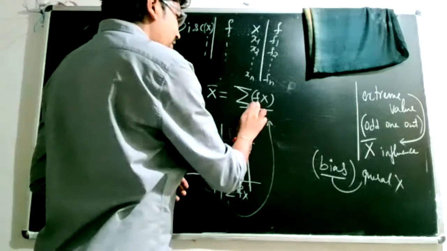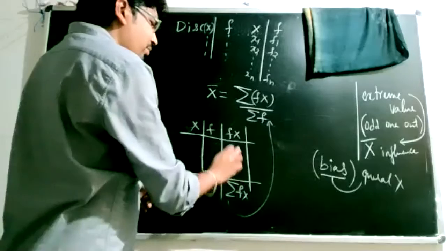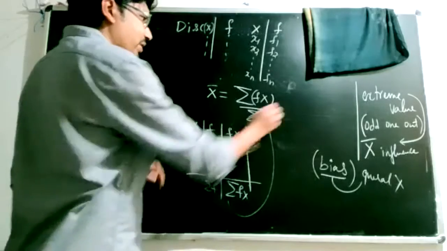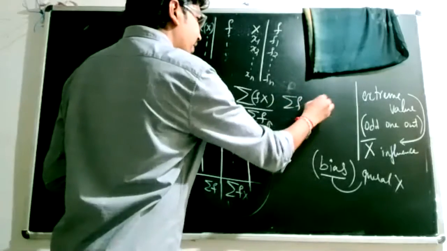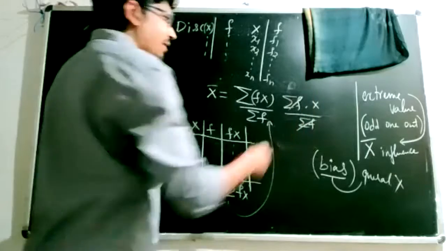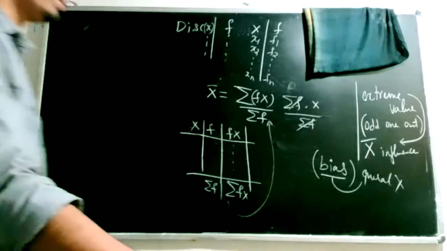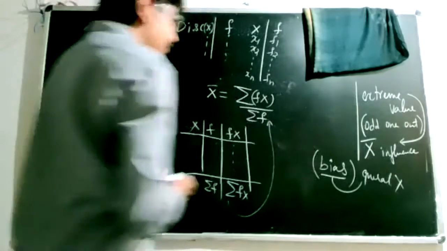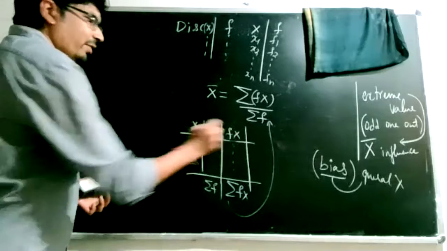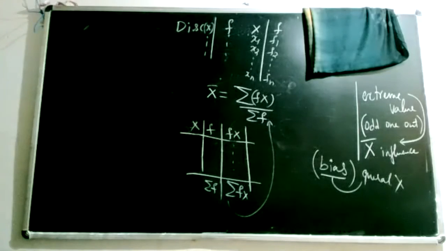Now, the sum of fx is the sum of the products f into x. It is not sigma f times sigma x. Sigma fx indicates the total of the column f into x. So first you have to do f into x.